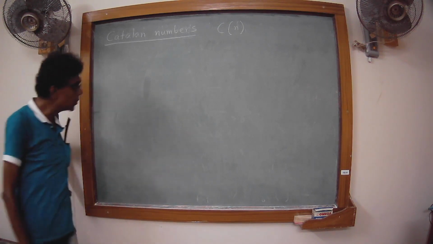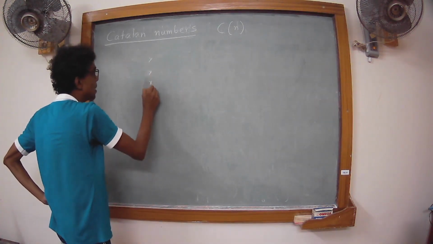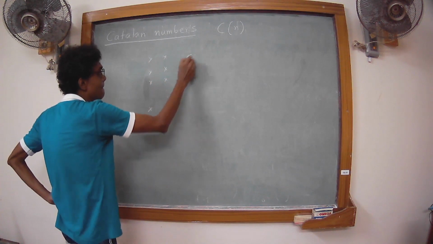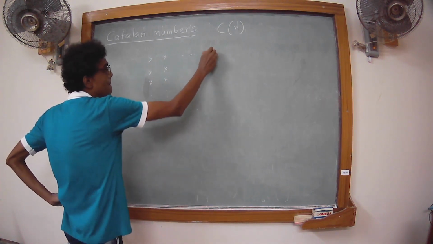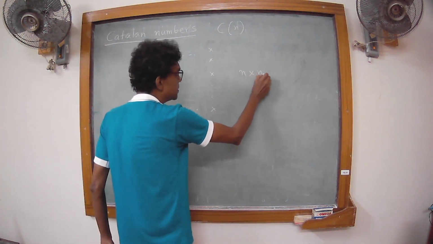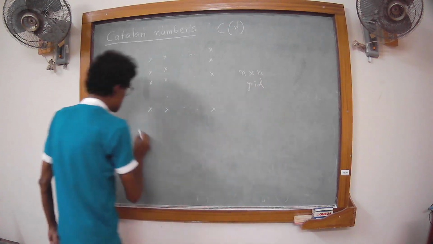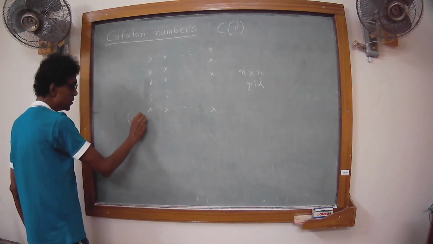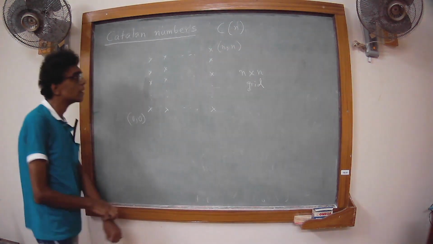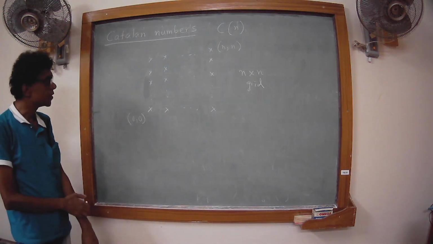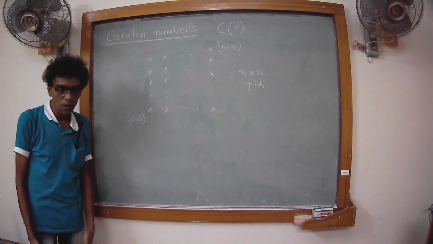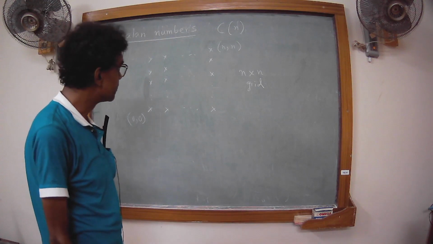Suppose that you have an n by n grid. You are starting from the 0, 0th point, and your task is to reach the top right corner, n comma n. From the bottom left corner, you want to go to n comma n.